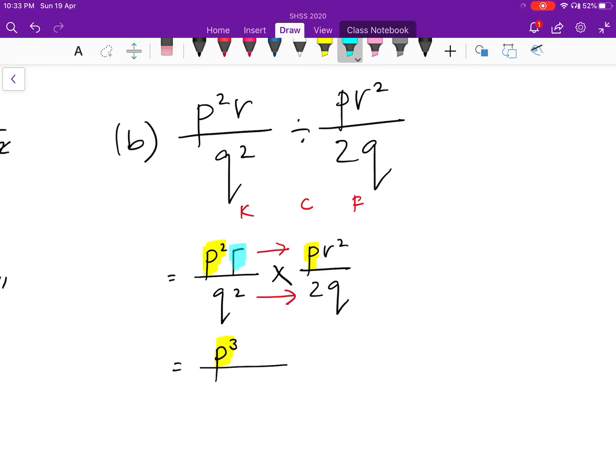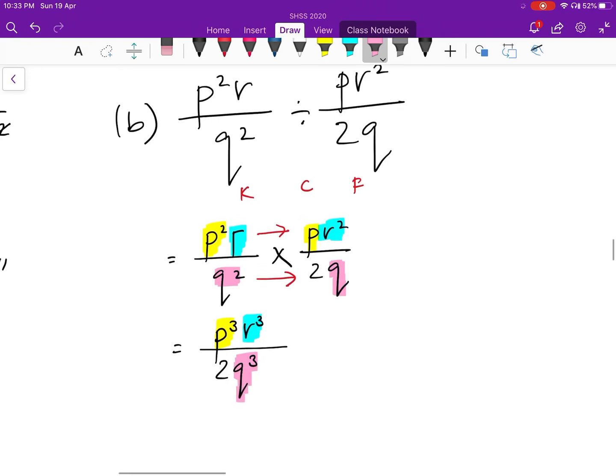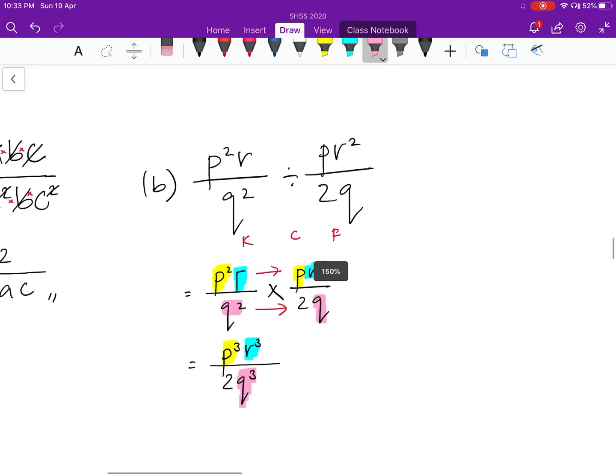Now we have R times R squared gives me R cubed, and that is the blue highlighted one. Lastly, Q squared times 2Q will give me 2Q cubed, because Q squared times Q gives you Q cubed. From here, is there anything else we can simplify?